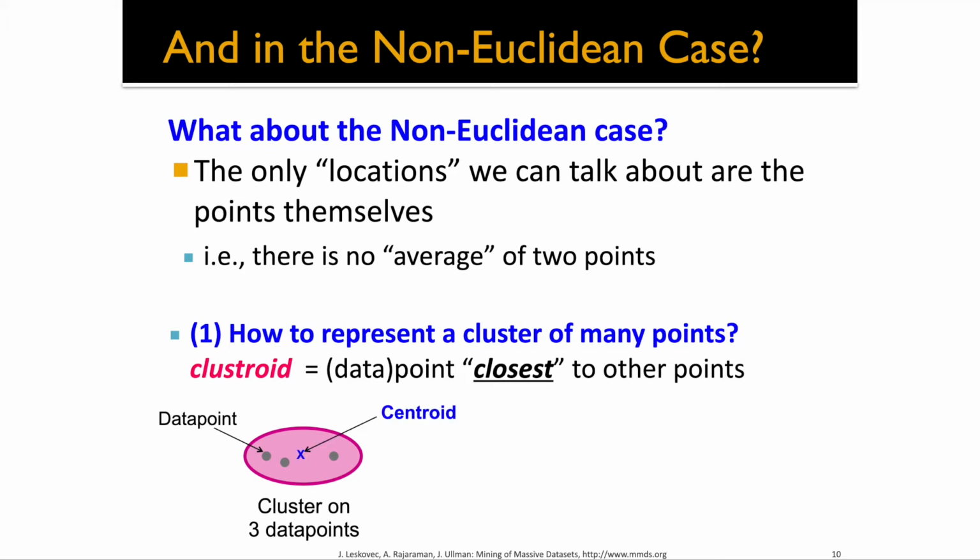We have the centroid, which is not one of these points in this cluster, might be defined as the mean or the average point across these 3 points. And then we have the clustroid, which is a specific data point from this set that is closest to all other points. Now, from statistics, you may equate this to a mean or an average versus a median or mode, where the average doesn't necessarily represent a value from your data, and the median is explicitly taken from the data. You can think of this in a similar kind of way.